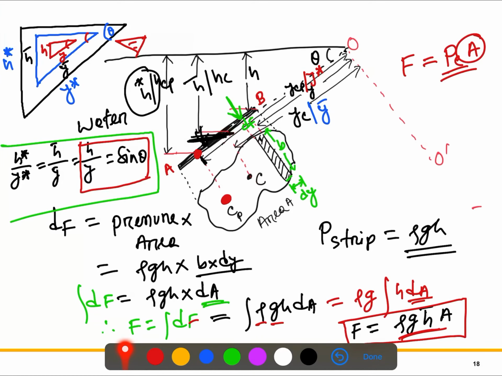We'll discuss these theorems later. So I naught we can write as I C plus the area into y bar square. I will write it down here: I naught equals I C, the centroid, plus the area times y bar square.